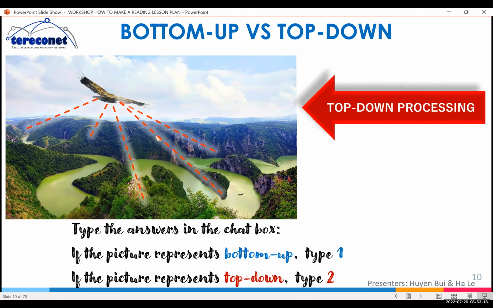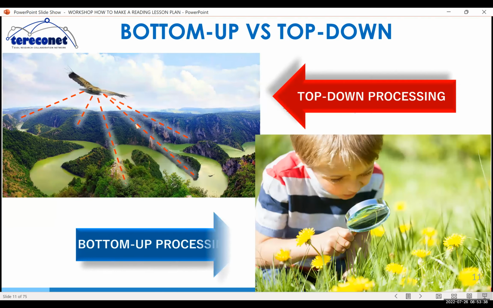The eagle can see the whole terrain, the general pattern, and also the relationship between various parts of the terrain. So it represents the top-down process. Now, I am going to show you another picture that represents the bottom-up process.